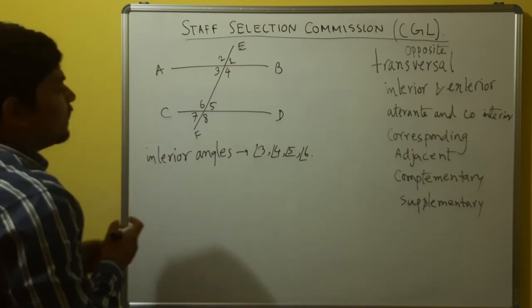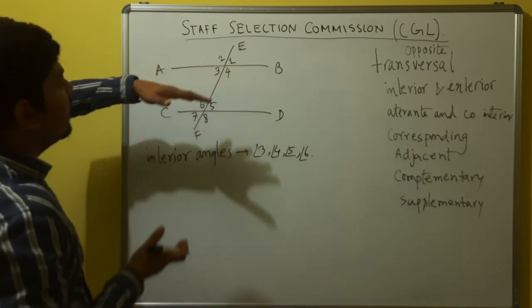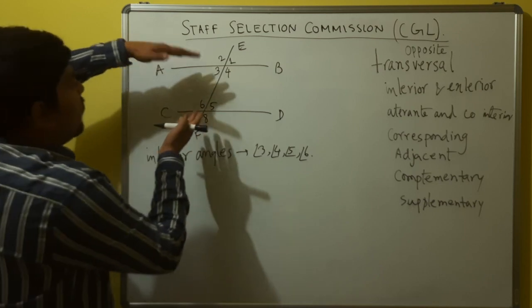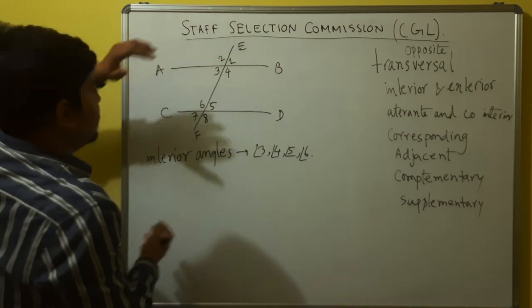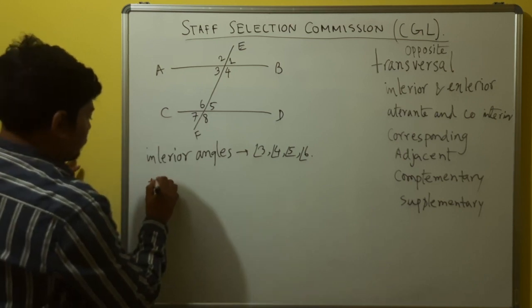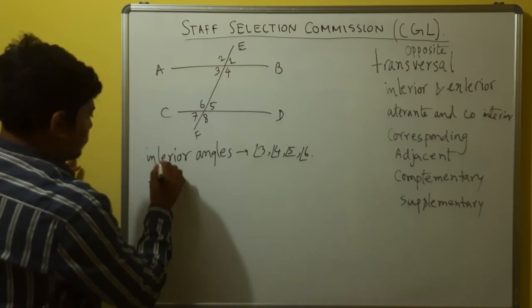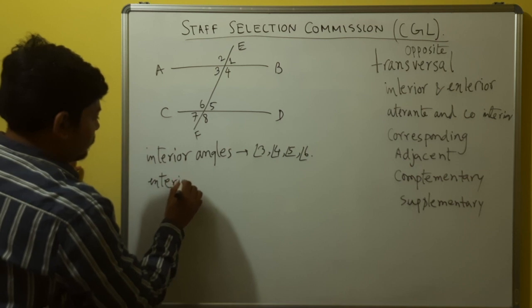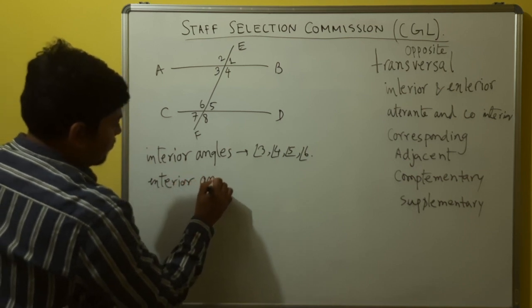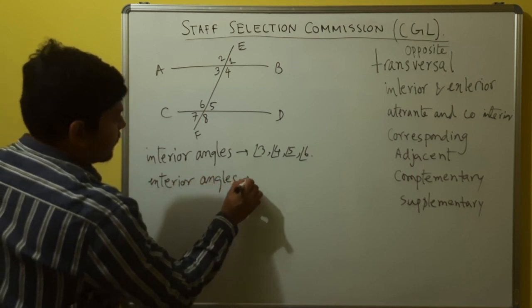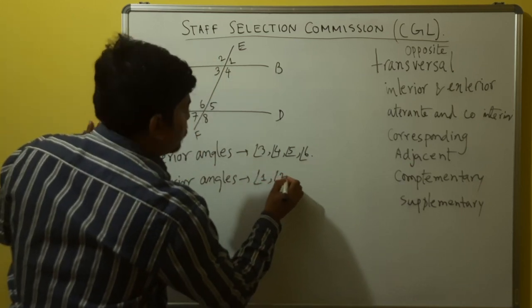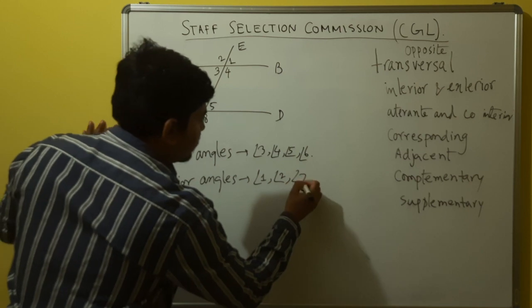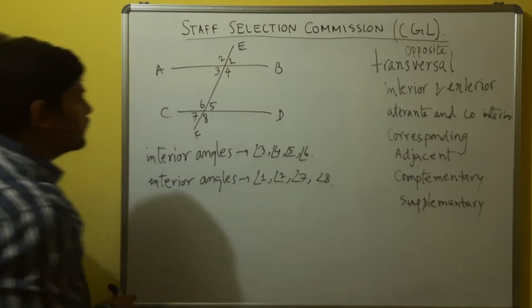So which are exterior angles? Just opposite to this, you can understand, the angles which are not inside this set of parallel lines, which are outside. Then exterior angles are angle 1, angle 2, angle 7, angle 8.